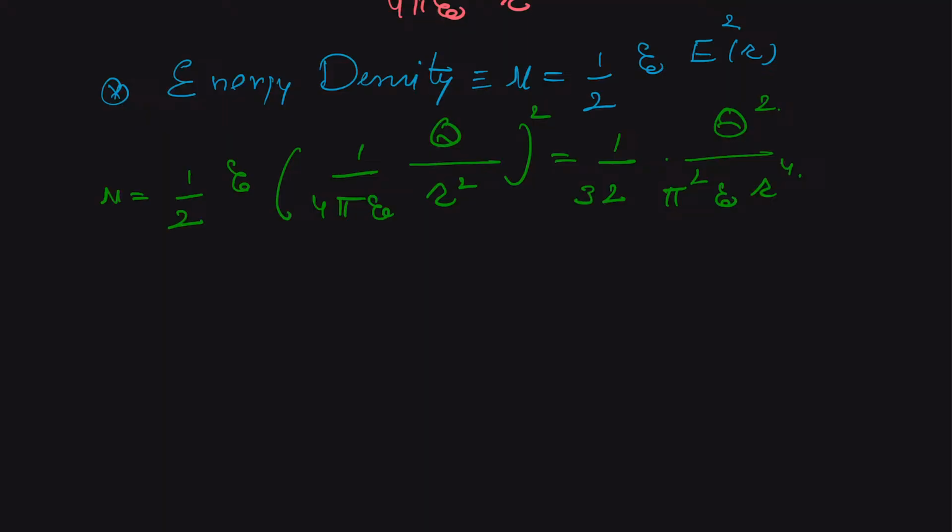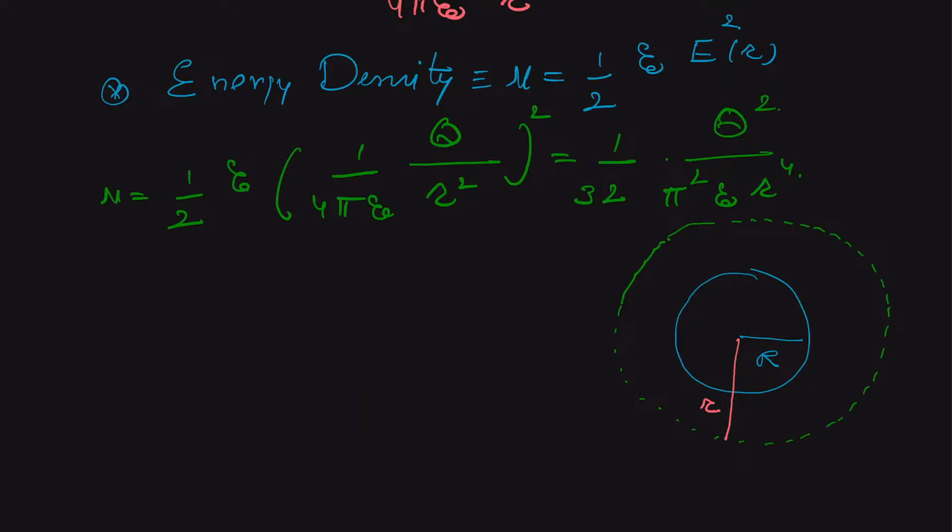And so in this case we just found out that if this is our shell and its radius is capital R, okay, and we take a surface which is surrounding this shell and it is at a distance of small r. Okay.